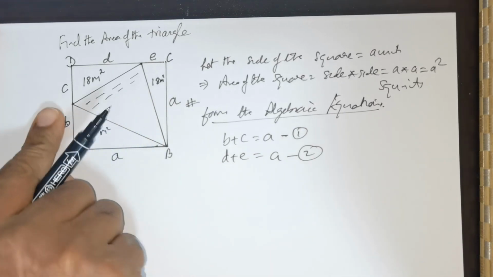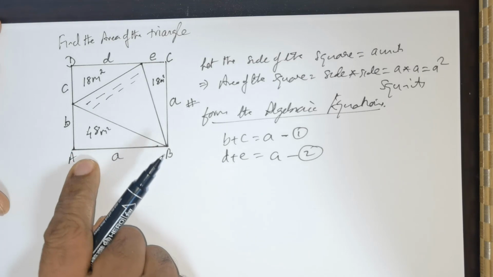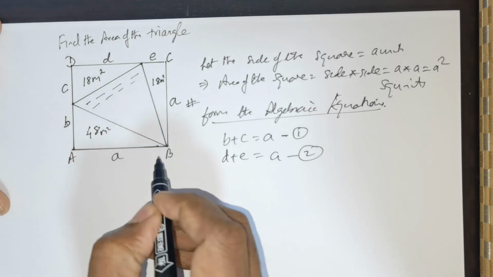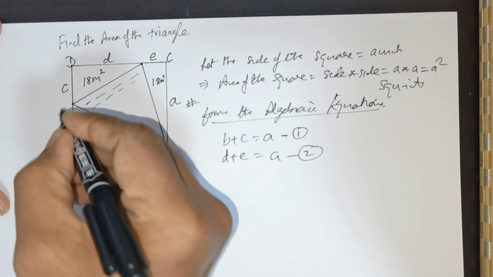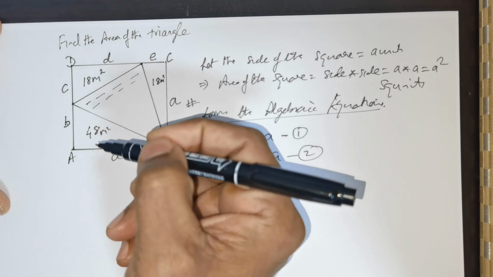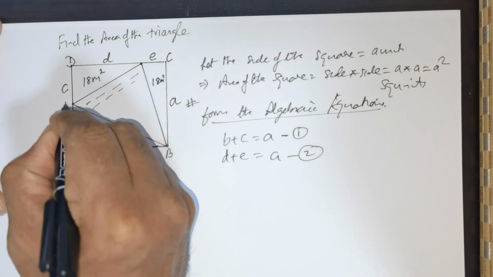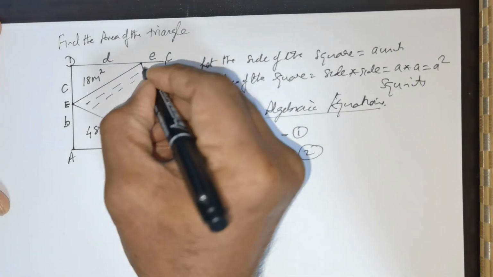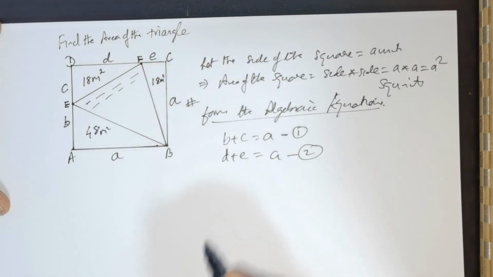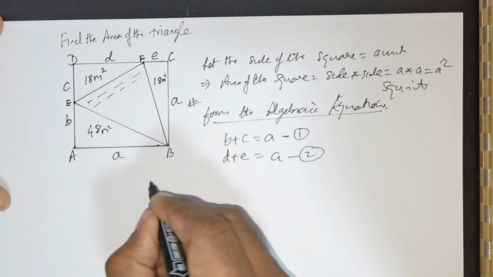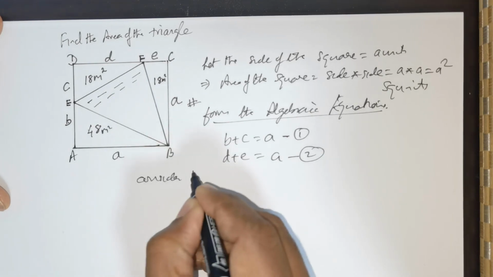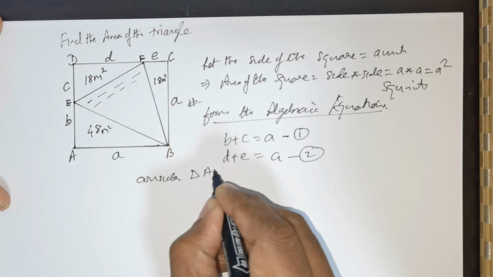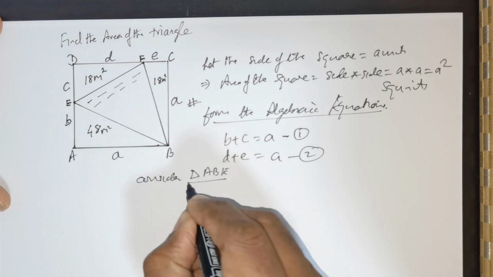Now let me name this point as E and this point as F. Consider triangle ABE.